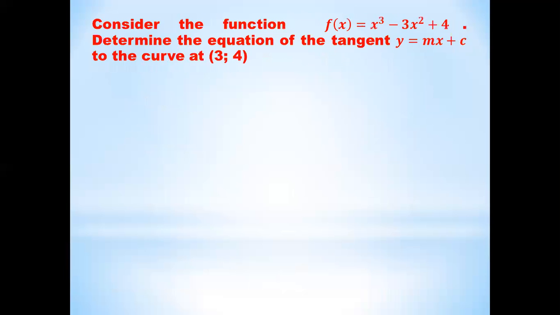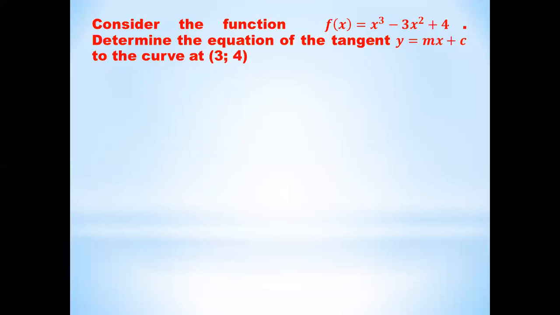What an interesting question. So we consider this function, f of x is equal to x cubed minus 3x squared plus 4. Now, determine the equation of the tangent, y is equal to mx plus c, to the curve at (3, 4). Now, the examiner has been so kind to tell you that the tangent is y is equal to mx plus c.